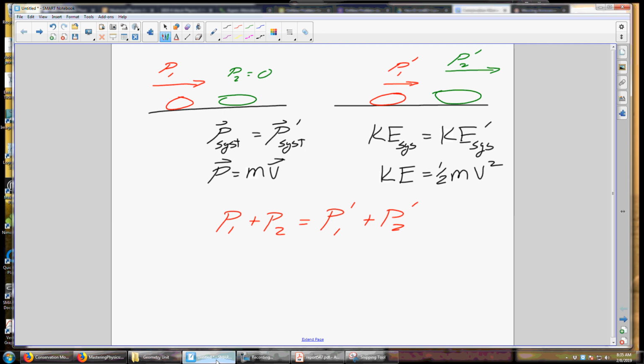Now, if this had been an inelastic collision, or perfectly inelastic collision, I'd only have one term after. But since they stay separate, I'm going to have 2 terms, because 2 bodies.